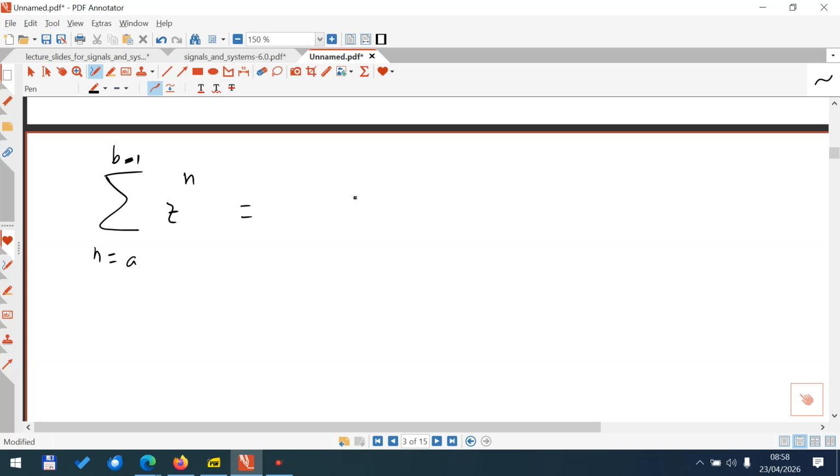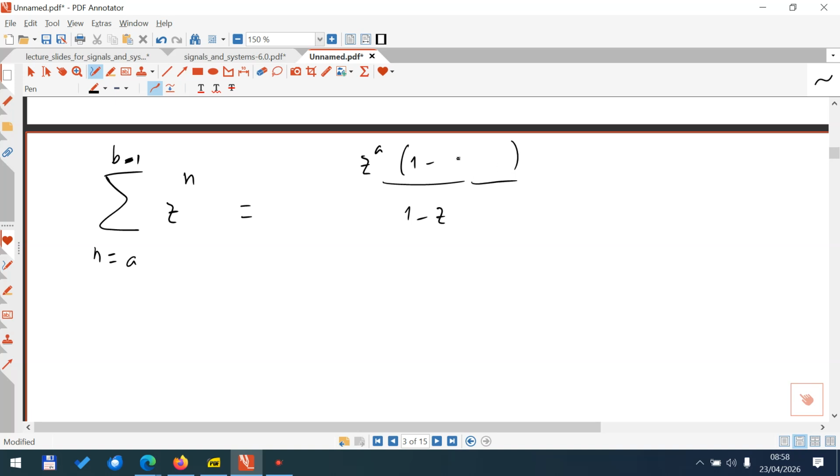I think we see this as a common ratio. So in the denominator, you will have 1 minus z or z minus 1, right? And there it was 1 minus. You had the first term here. What was the first term? z to the a, yeah?